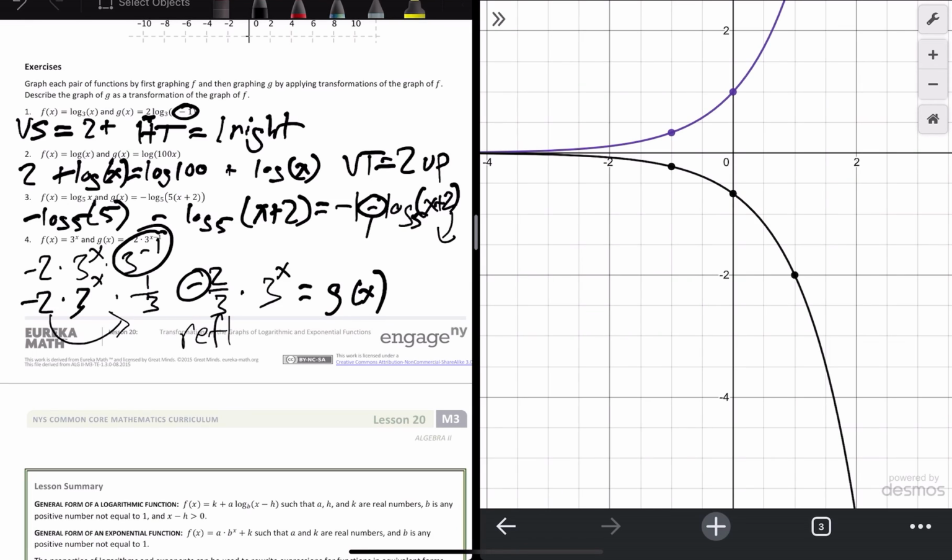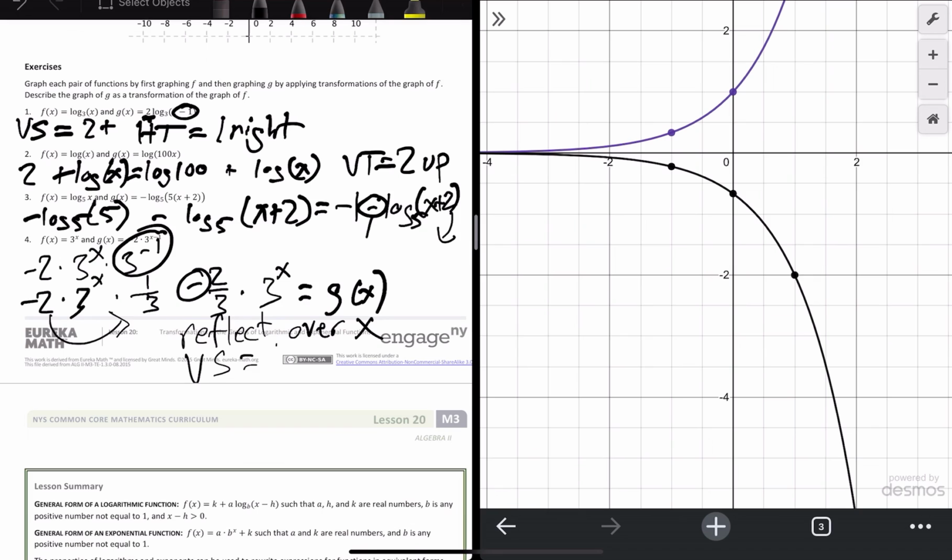We know that. And then the 2/3 would be a vertical scaling, since it's multiplied by it.